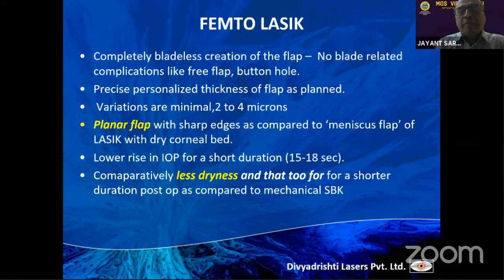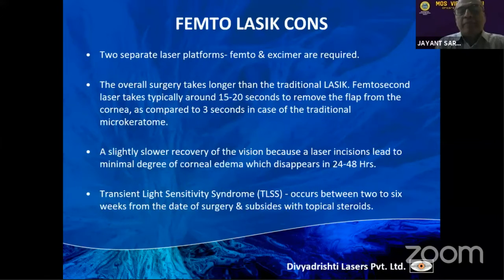In femtosecond LASIK, two separate laser platforms, femto and excimer laser, are required. Overall surgery takes longer than traditional mechanical SBK, and slightly slower recovery of vision occurs because the laser incision leads to a minimal degree of corneal edema, which settles within 24 to 48 hours.